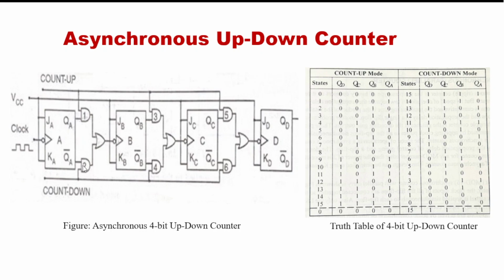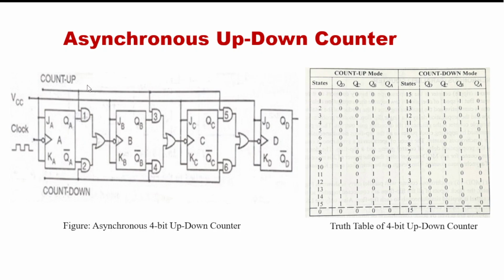That means in the case of count up, the complemented outputs, QA bar, QB bar, QC bar, will not go through these AND gates 2, 4, 6 and will not reach the OR gate. Because we keep the count down line at 0, AND gates number 2, 4 and 6 are disabled. Now, in the case of count up, we keep the count up line in this count up mode.